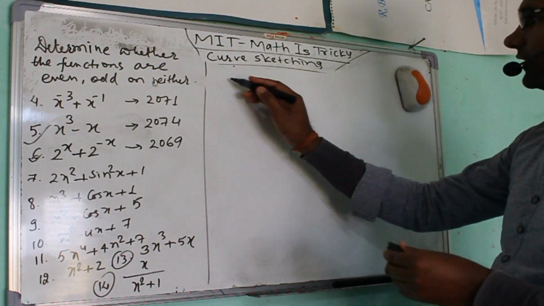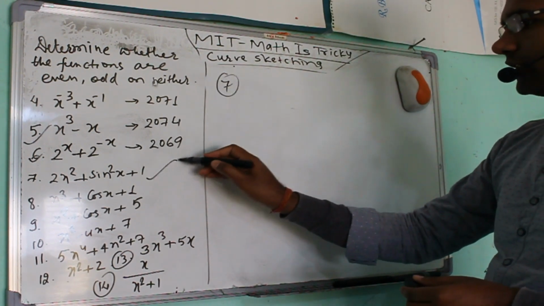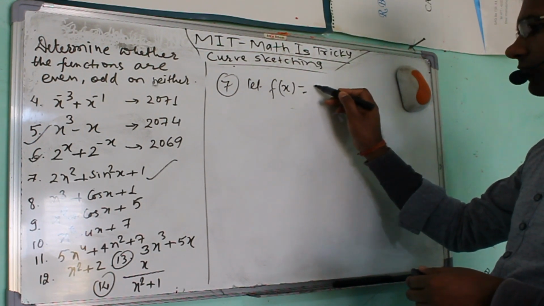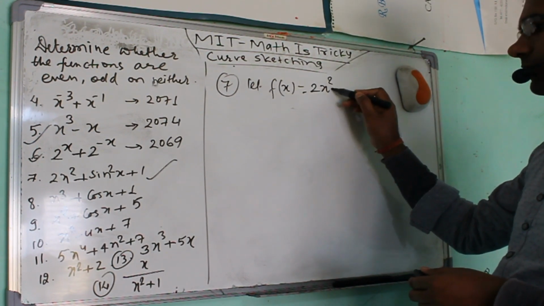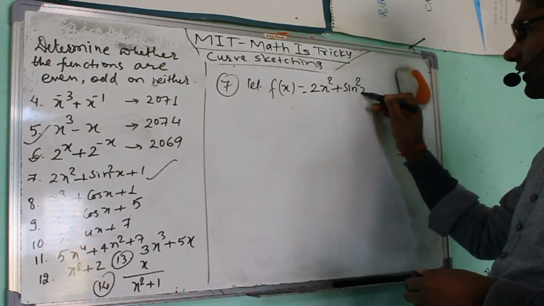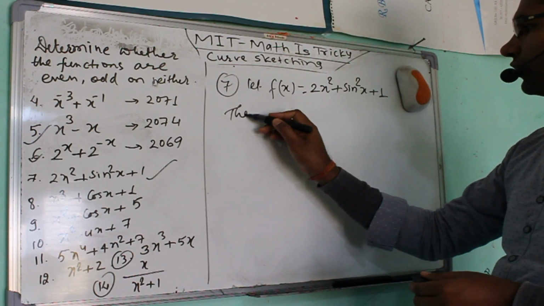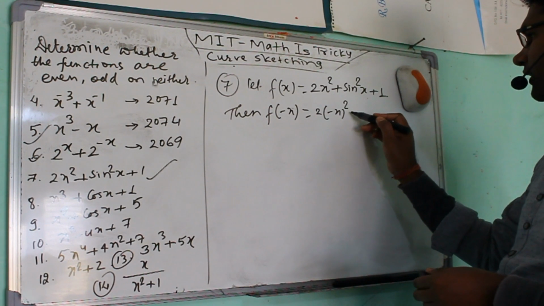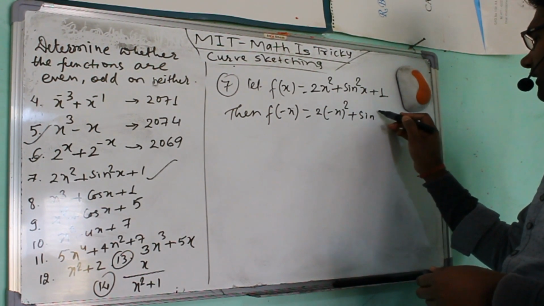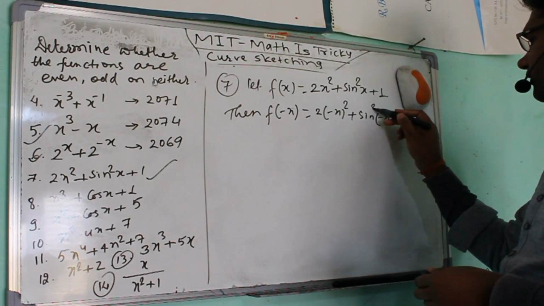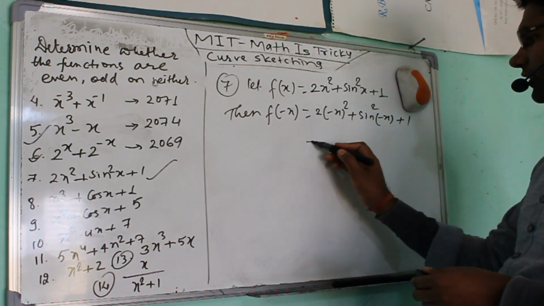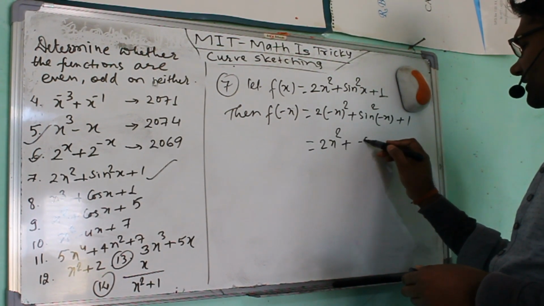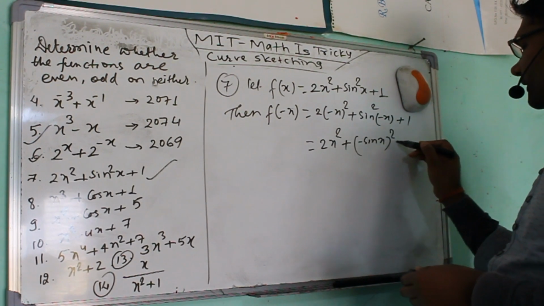Question number 7 is here. Let f(x) = 2x² + sin²x + 1. Then find the value of f(−x). It is 2(−x)² + sin²(−x) + 1, and it will be simply 2x². Sine of −x is −sin x, whole square, plus 1.